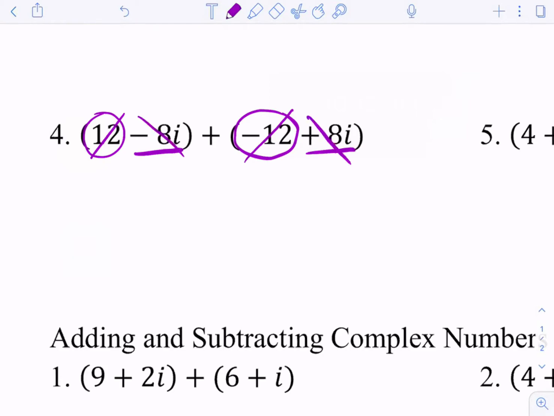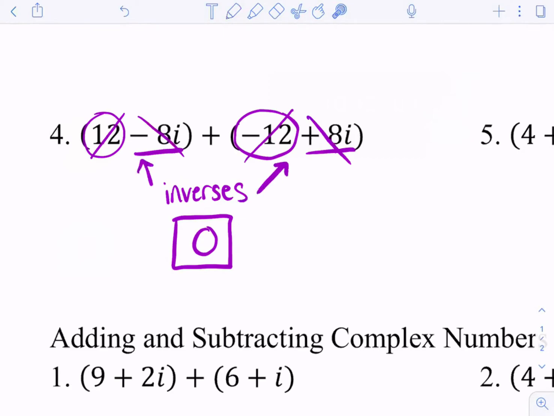So if you notice, these are actually inverses because the answer is 0 here. When they all cancel out and there's nothing left, the answer is 0. So these two are inverses of each other. Notice I have a positive 12 and a negative 8i, and a negative 12 and a positive 8i. So they're inverses of each other.